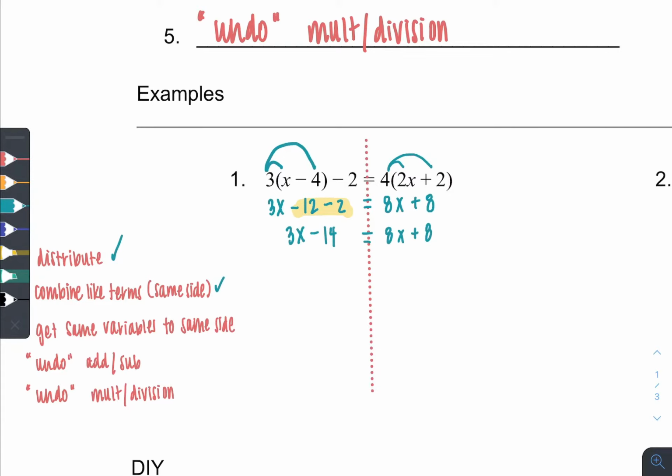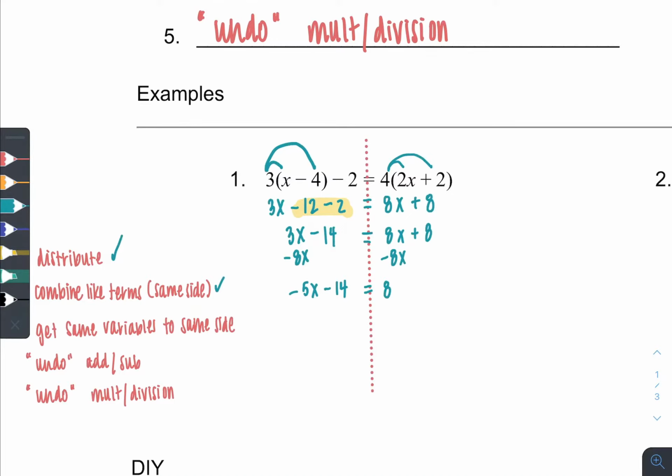All right, so we want to get our same variables to the same sides. I would move the x's first. So what I'm going to do is subtract 8x from both sides. And so I'm left with negative 5x minus 14 equals 8.